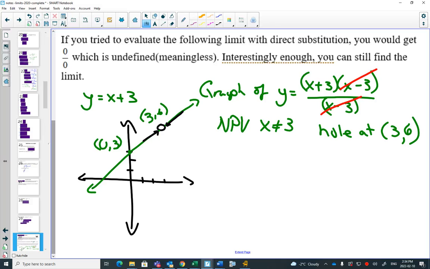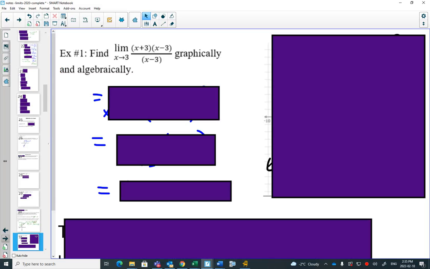And so even though originally when you plug in the value and you get 0 divided by 0, in this case, it's equal to 6. So we just had a special case where 0 divided by 0 equals 6? Well, that's not actually true. We just figured out the limit, what it got close to at that point. So I guess I did this part of the slide already, where we figured it out graphically, right?